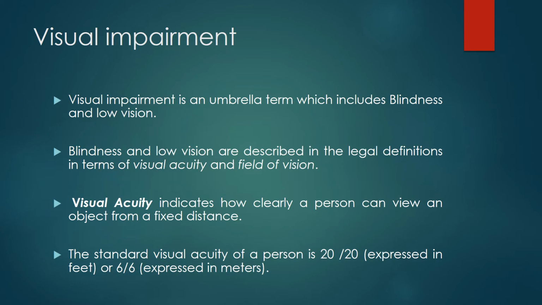To categorize or define blindness and low vision, we can follow the legal definition for both terms. To know the legal definitions, before that we should know two very important terms, visual acuity and field of vision. On the basis of these terms we can define blindness and low vision. So first we should know visual acuity and field of vision.